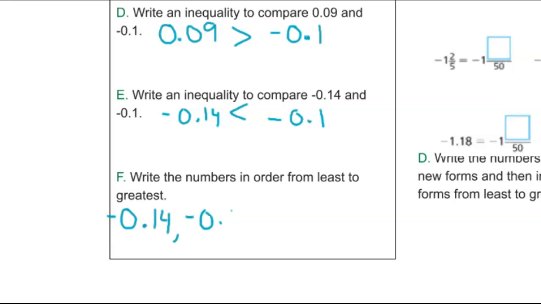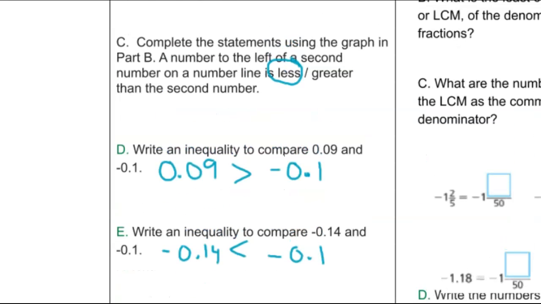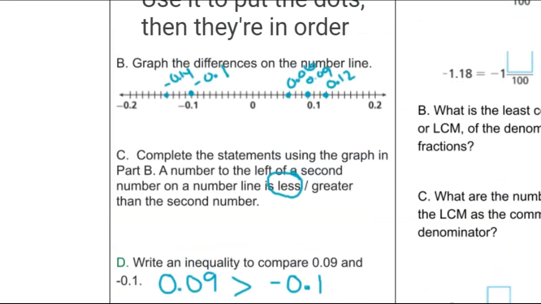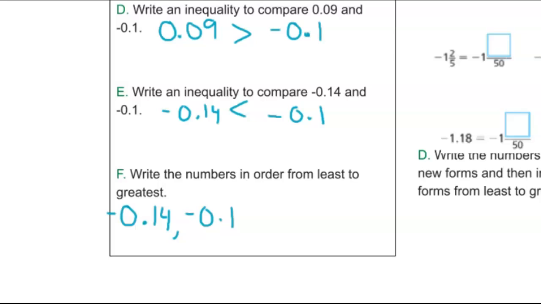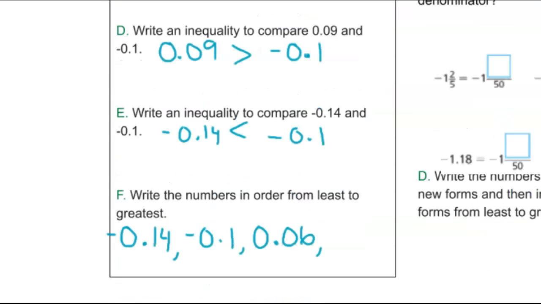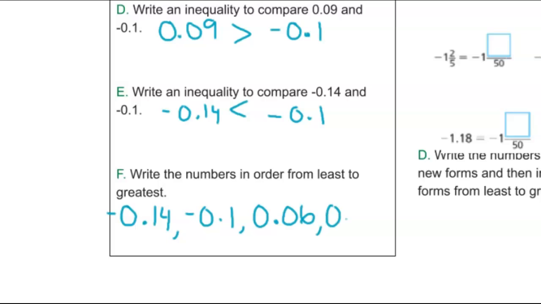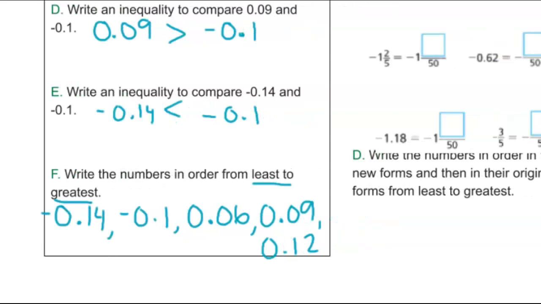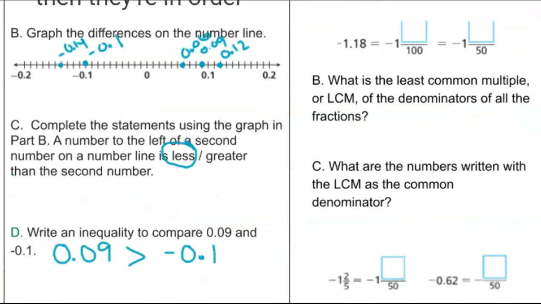Negative 0.1. And then we have 0.06. 0.09. And 0.12. It is always important to check to make sure it's least to greatest because sometimes they switch it up on you. Okay, let's go to the top of the page.